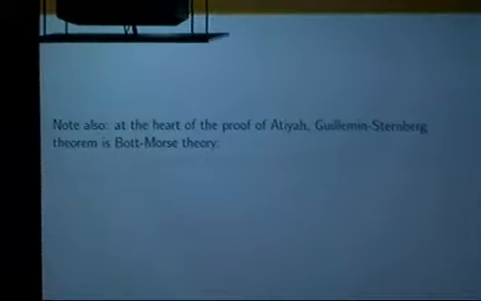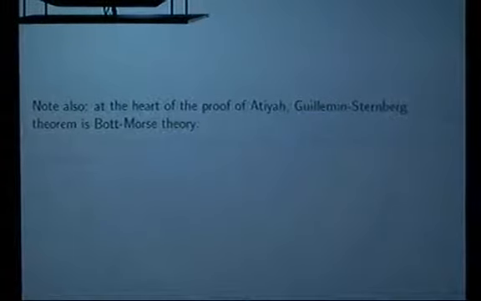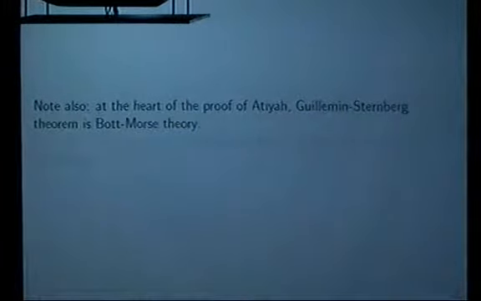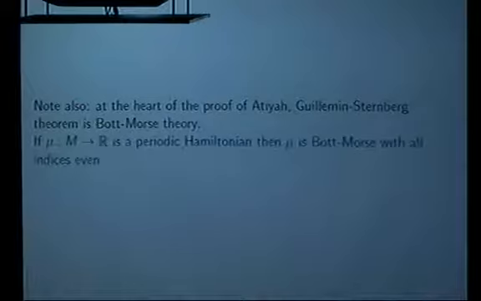Another thing I want to point out is that Delzant's theorem uses heavily the machinery that Atiyah, Guillemin, and Sternberg had to develop to prove their convexity and connectedness results. And if you look under the hood of Atiyah's proof or Guillemin and Sternberg's proof, it's Morse theory, really Morse-Bott theory.